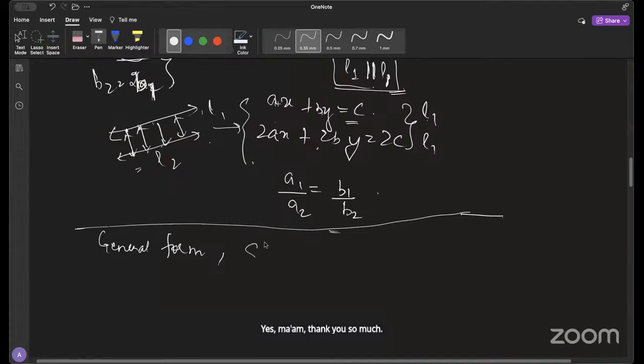So we have general form, slope-intercept form, one-point form and two-point form.